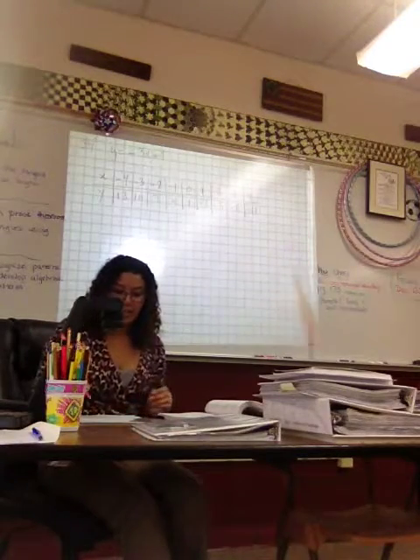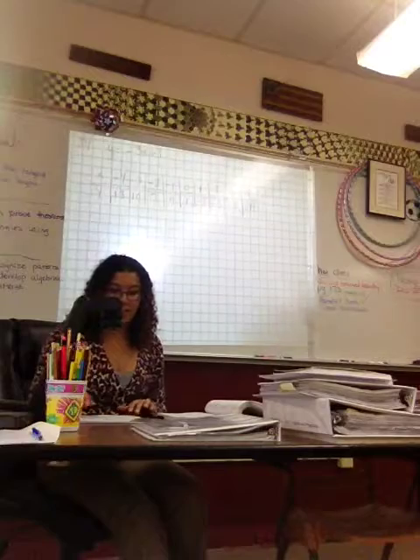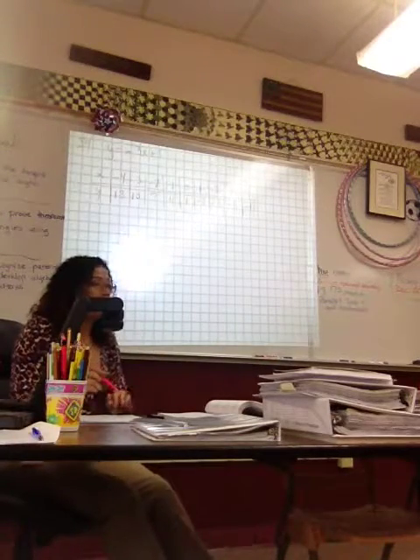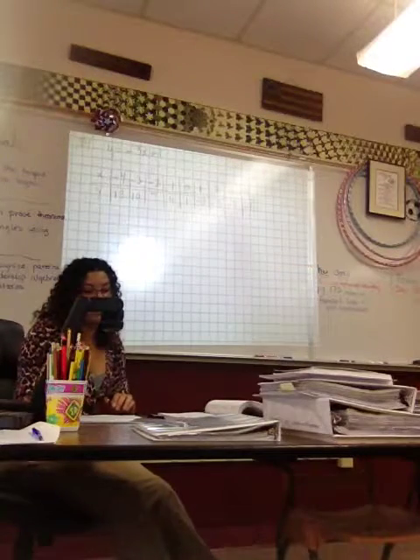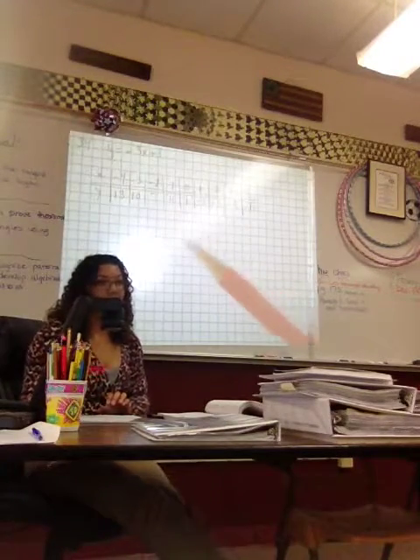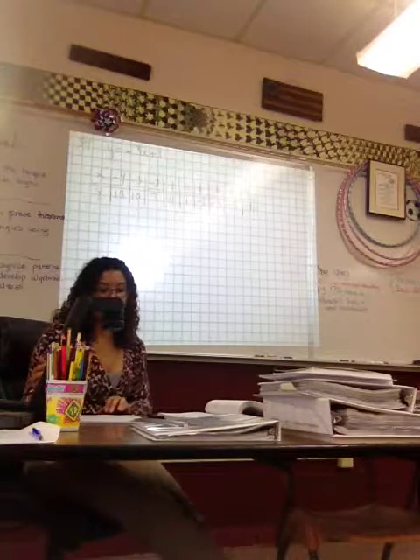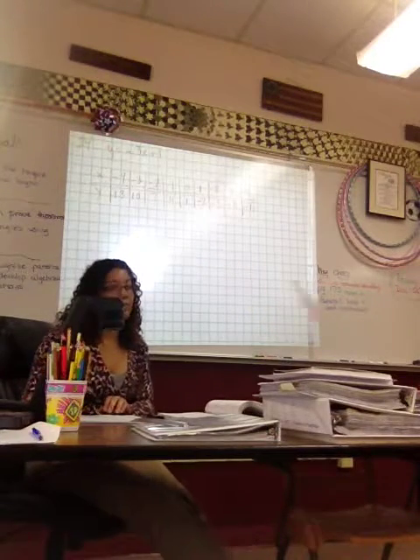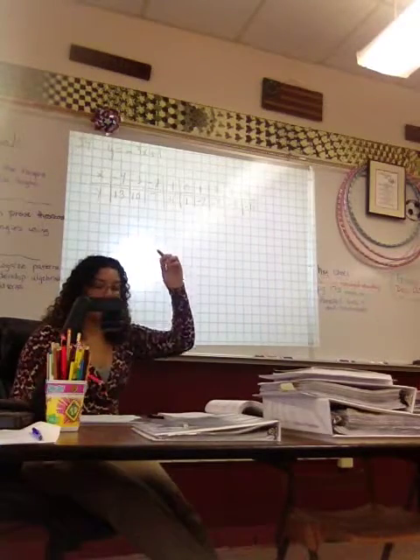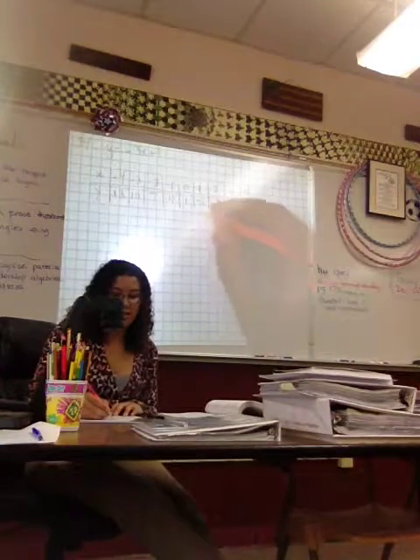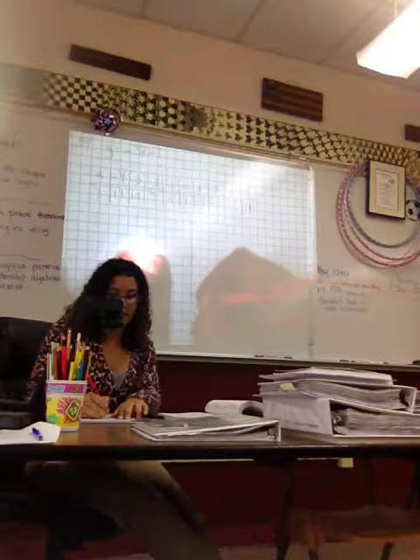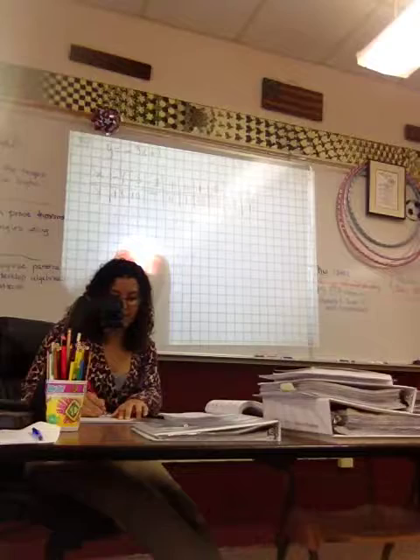Looks like we have some bigger values than we did last time. What's our highest one this time? Jacob? 13. And our lowest value is negative 11. So we need to now scale our y-axis to be able to fit those values.